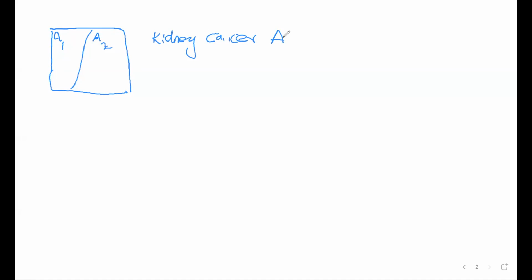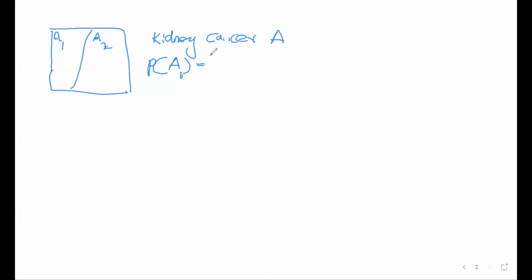Okay. Then if we take having kidney cancer as P(A1), it is given that 1 in every 10,000 individuals has kidney cancer.